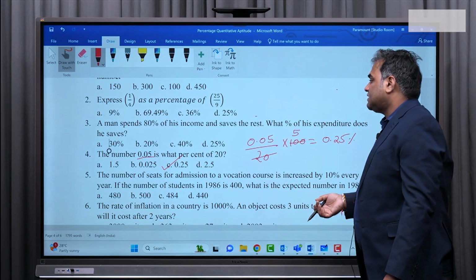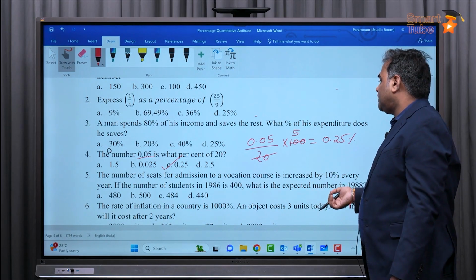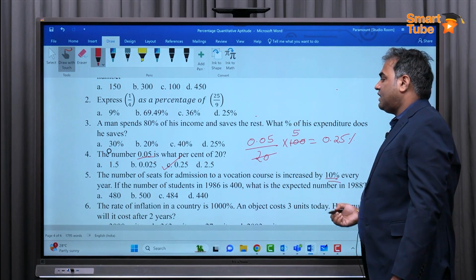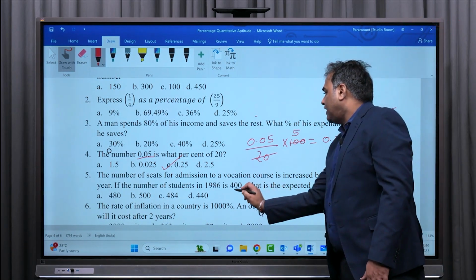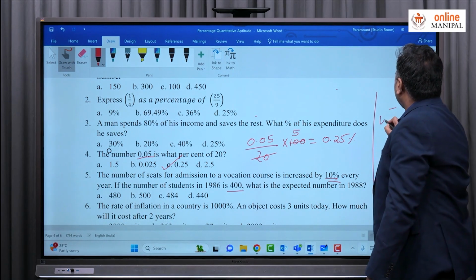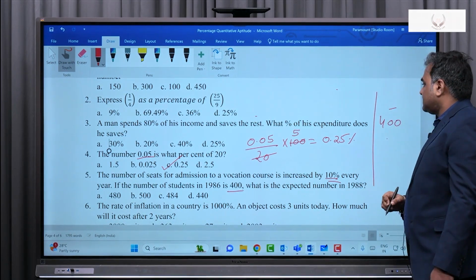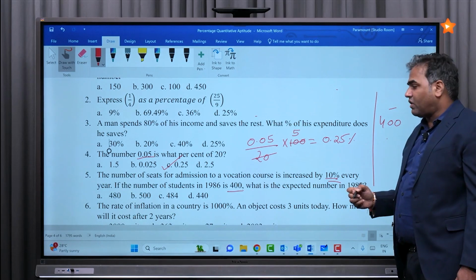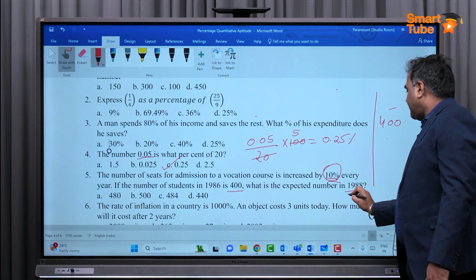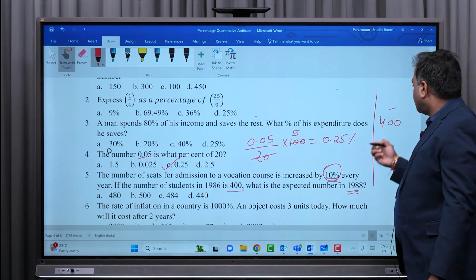Question number 5: the number of seats for admission to a vocational course increases by 10% every year. If the number of students in 1986 was 400, and this is increasing by 10%, what is the expected number in 1988? So this is 400.